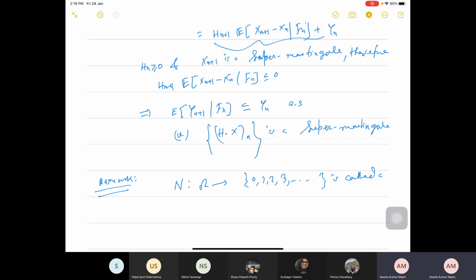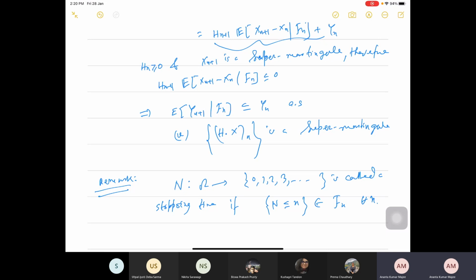It is called a stopping time if the event that it is less than or equal to n is Fn measurable for all n. So a stopping time is basically a non-negative integer valued random variable such that this happens.